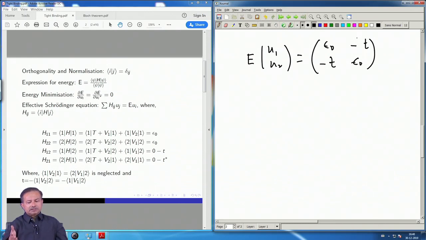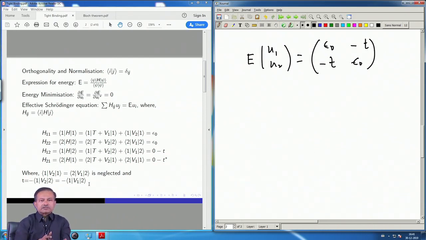But it is also quite clear that this should be negative, because you will see that this is the energy lowering that happens. It is basically the matrix element between the two, <1|V1|2> and <2|V1|1>, and similarly for V2. All these matrix elements are basically the hopping.